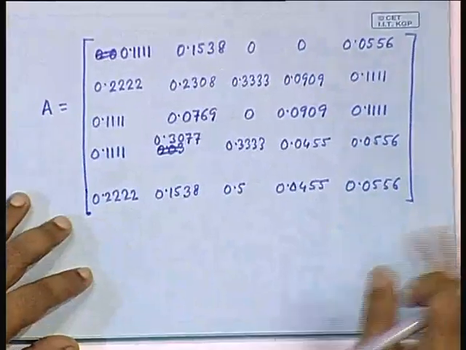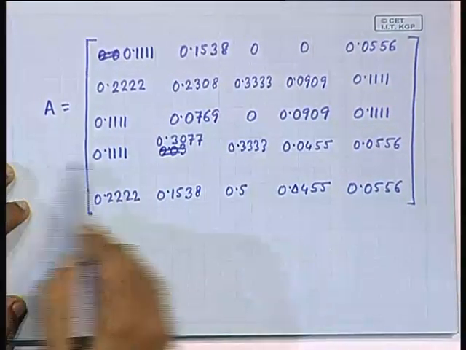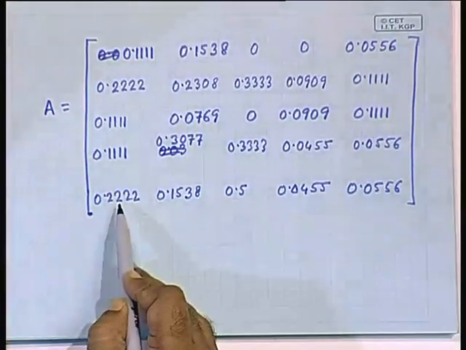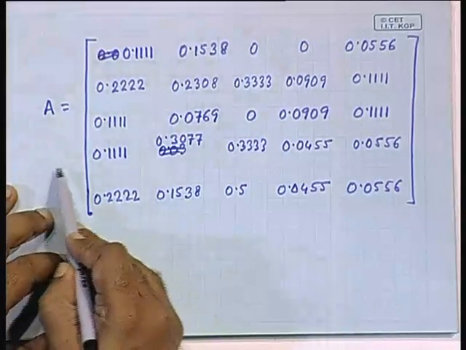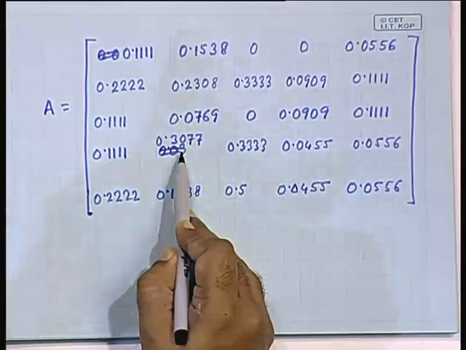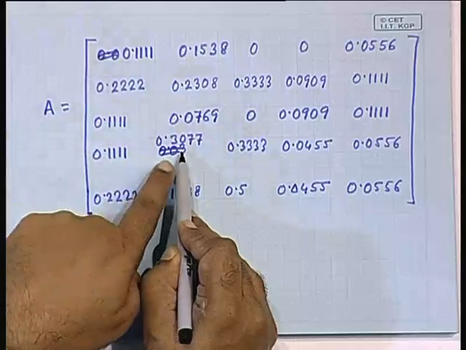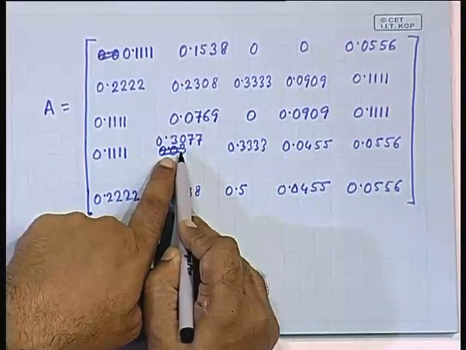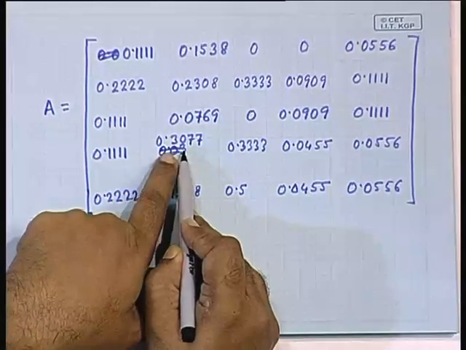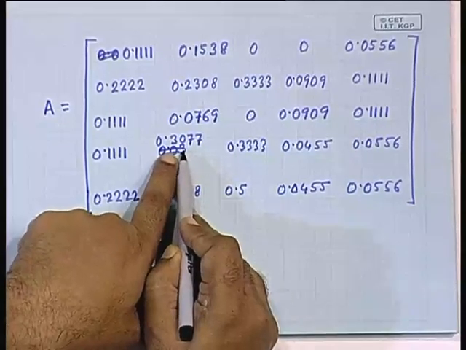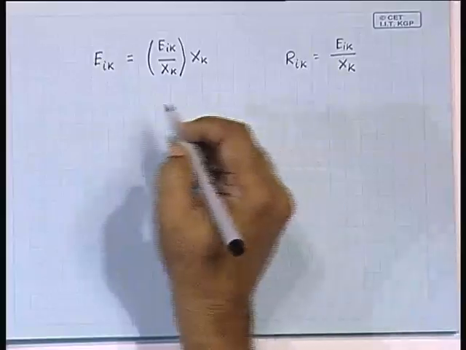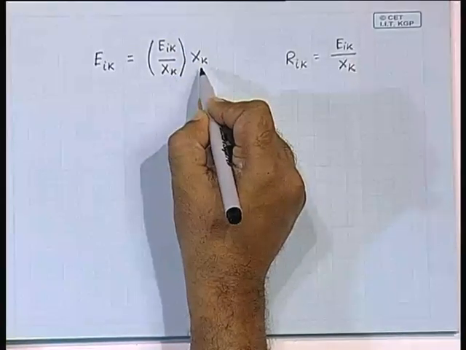In the A matrix, the last two lines corresponded to energy, and if you pick up, say, this, it is R42. R42 is this particular term. So, we can pick up from the A matrix itself. So, this is known.